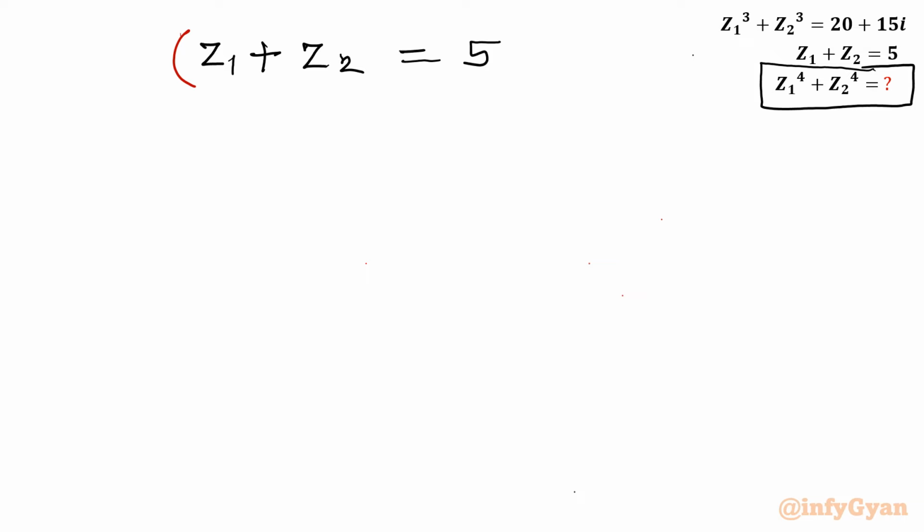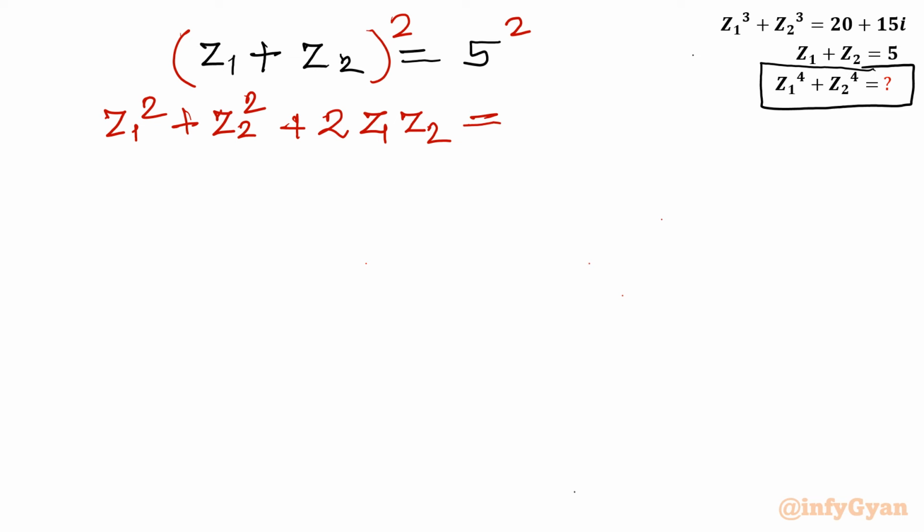Now let's consider the equation z1 plus z2 equal to 5 once again. As our requirement is power 4, I will consider squaring this equation. Then we will have z1 square plus z2 square plus twice z1 z2, and on the right hand side I will write 25.